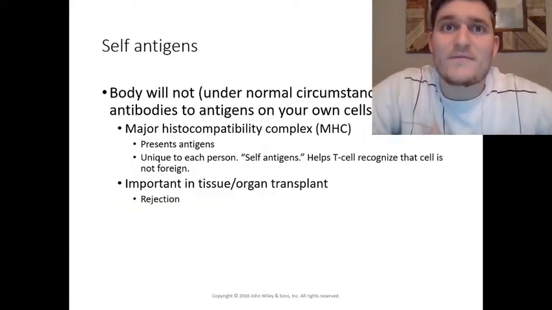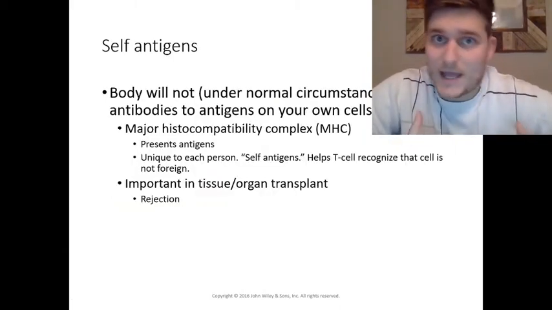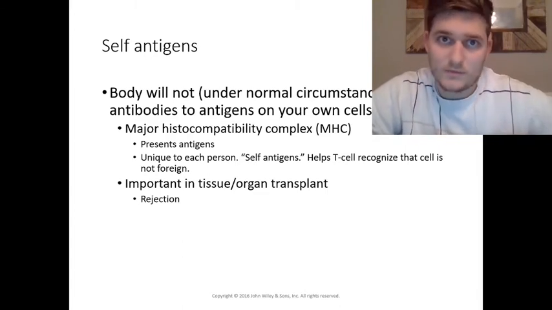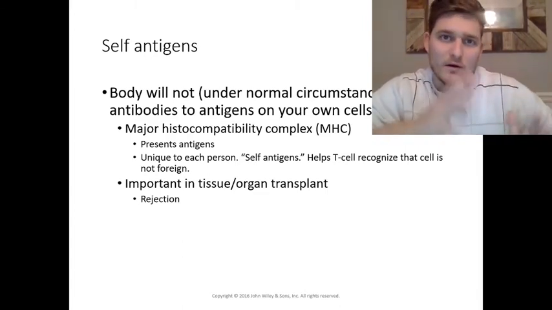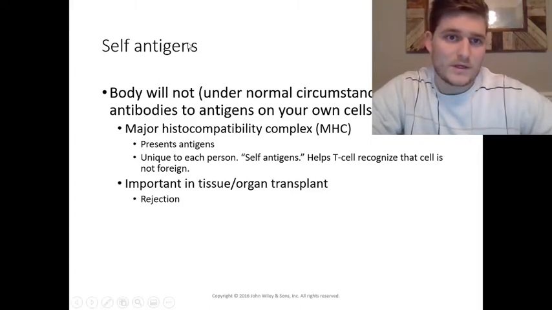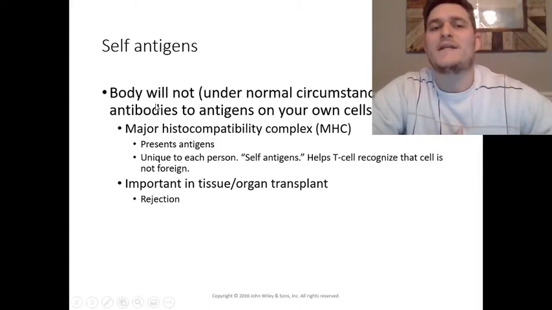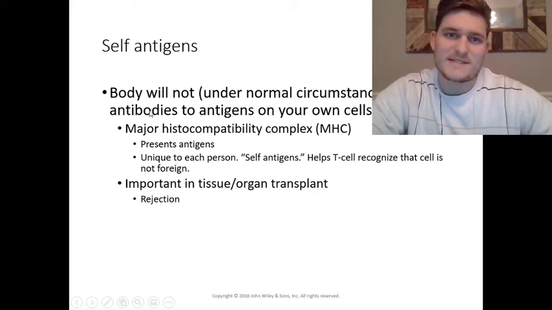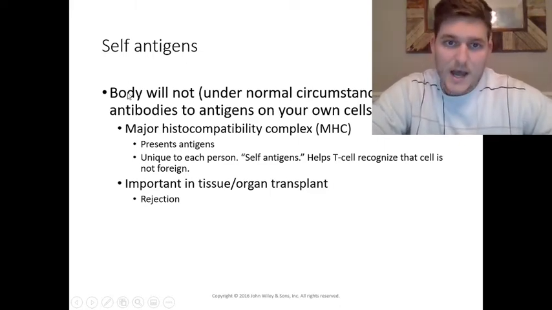Our cells have their own antigens, and it allows the immune cells to know not to attack our own host, our own bodies, right? And so you're not going to have these antibodies made from self-antigens.